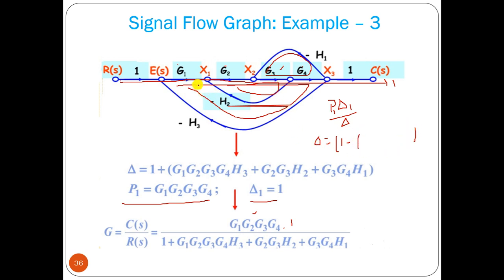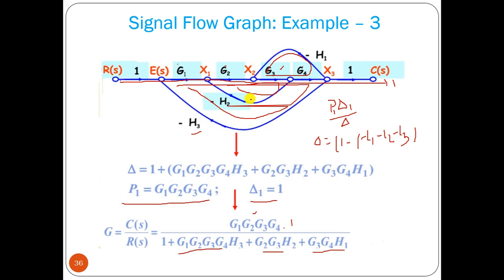Now here loop 1, if you consider this one, G3 G4 minus H1, so we have minus L1 value. Then minus H2, so we have minus L2. Then minus H3, so it will be minus L3, right? So it becomes 1 plus all the individual loop gains.